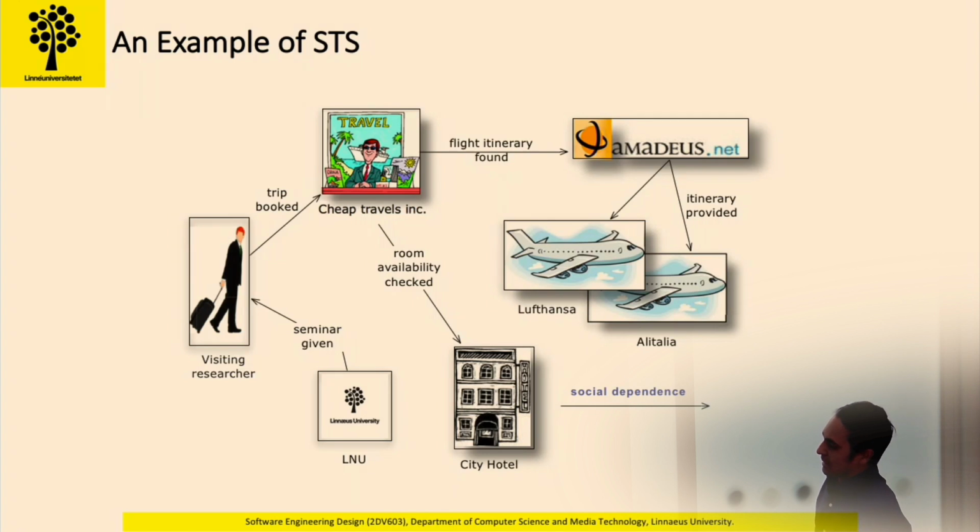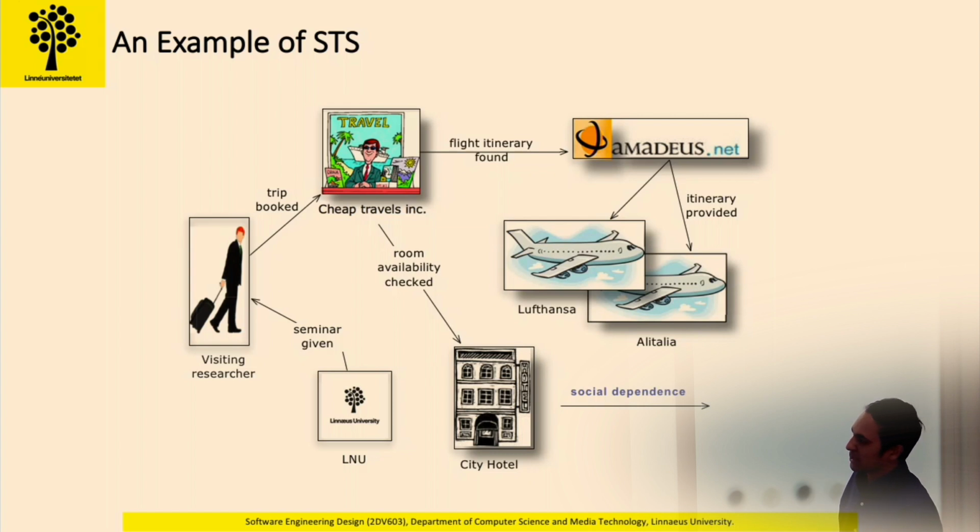As you can see, there is a visiting researcher or a teacher who wants to give a lecture at LNU, and he wants to travel from somewhere else. So what he did, he talked to a travel agent called Cheap Travel, and this example is also from the documentation of the website that I mentioned.